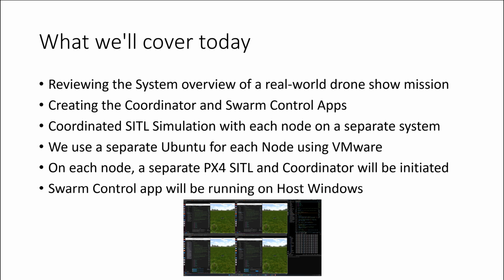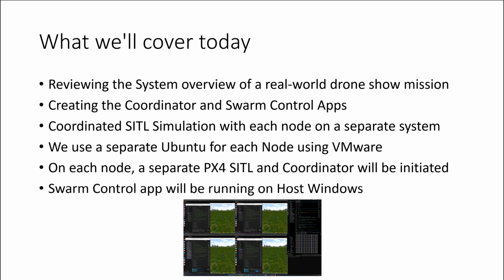and do all this sort of stuff. For this case, we're going to create a software in the loop coordinated simulation. But what is different between this software in the loop simulation and the simulation that we had before? In the last simulator, we had all the drones in one simulator and everything was happening on one PC.